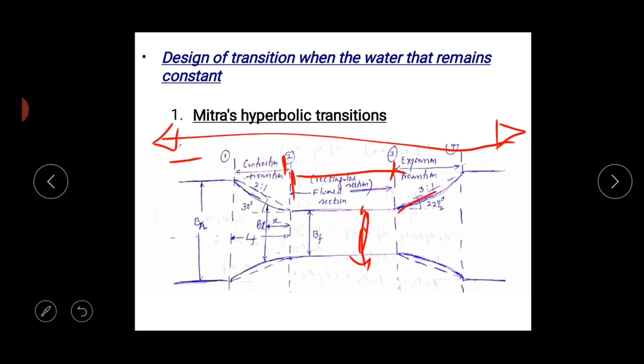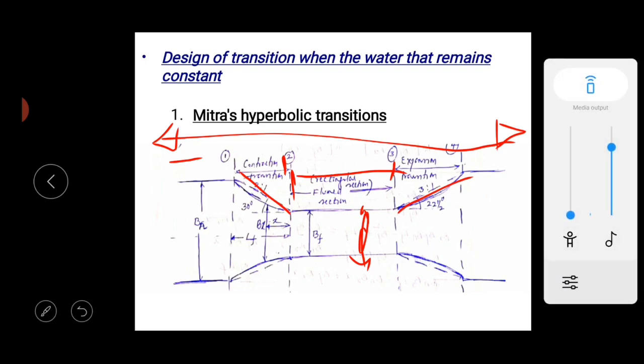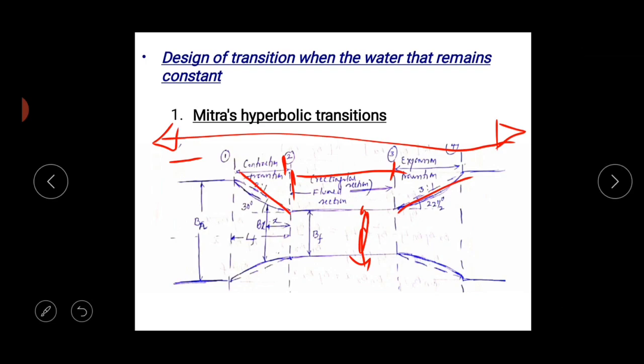So directly we cannot reduce, that's why we go for transition. This is what I have explained you in type 3, and what we have got to know is the contraction of canal waterways, or nothing but fluming.